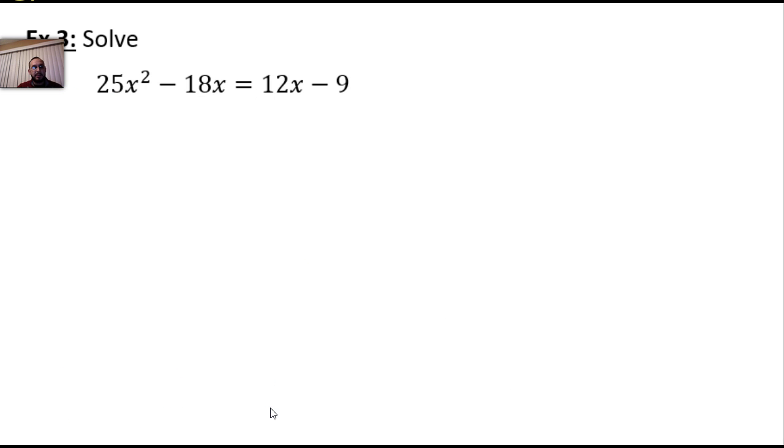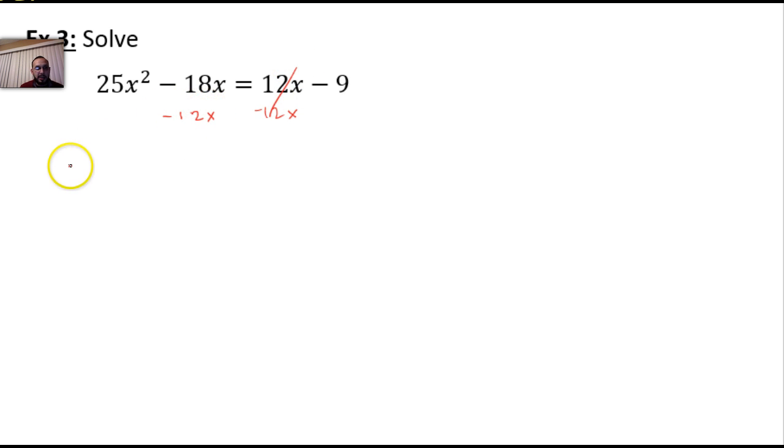And the very last thing we have is a very tricky one. It's example 3. Let's go ahead and write this into standard form. We get 25 x squared, or actually, I'm getting ahead of myself. Let's go ahead and subtract 12x from both sides. Subtract 12x from both sides.